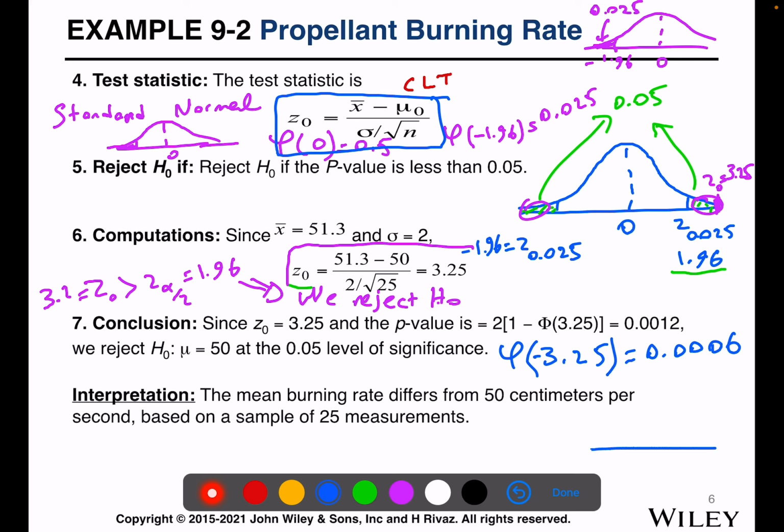That means that if this is minus 3.25, this area under the curve is this value. Right? Since it's a two-sided test, we multiply by 2, so 2 times this will be this number. Or in other words, I look at being this far from the mean in this direction or in the other direction, right? I multiply by 2.